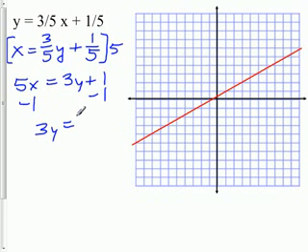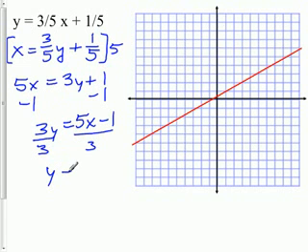I just flipped everything over, so the 5x is on the opposite side of the y, as is the minus 1 now. And I'll divide by 3, and it's important here that you divide the entire quantity on the right by 3, and we get y equals 5/3 x minus 1/3.